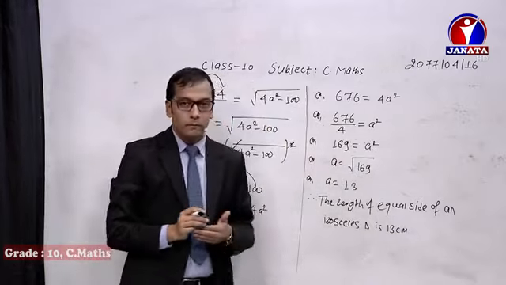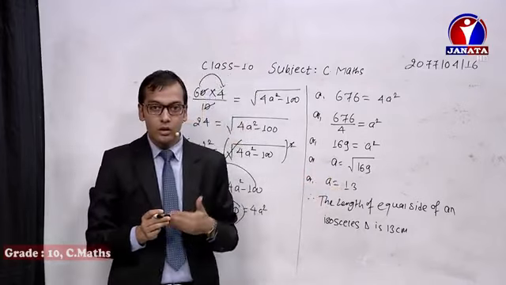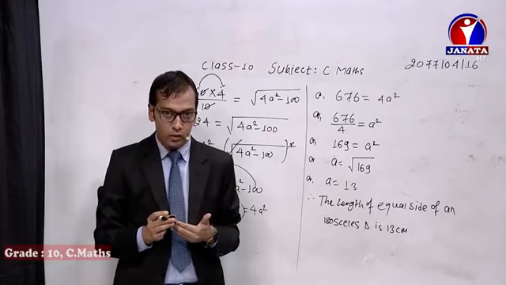This is the value of a, which is called the equal side in an isosceles triangle.